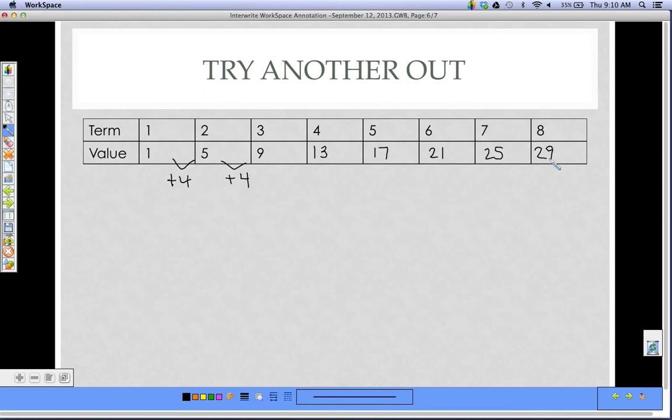Okay, so that means that our constant difference was plus 4. If you remember, that is going to become our a value. So we have 4. So when we have our form of an plus m, so far we have 4n.